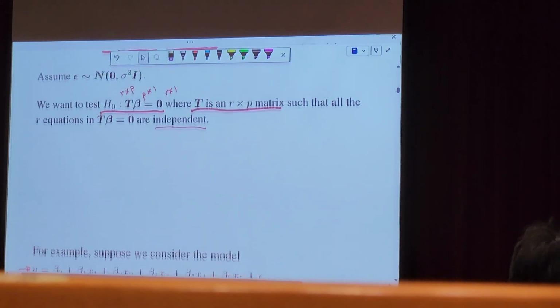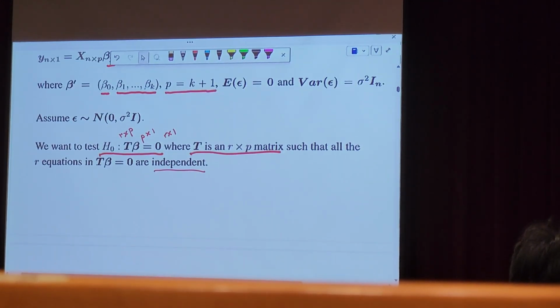This is important. So let me go back. It's here. So R refers to the number of rows in T, which is the number of constraints on beta that are independent, of course.